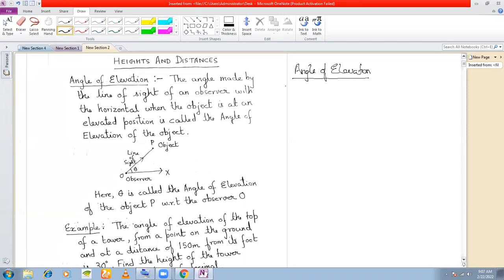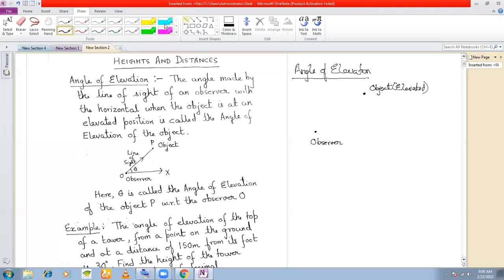So remember, elevation always means the object is at an elevated position, and the observer, the one who is seeing this object, is at a lower position. So when we are talking about angle of elevation, know that the observer is down and the object is up.